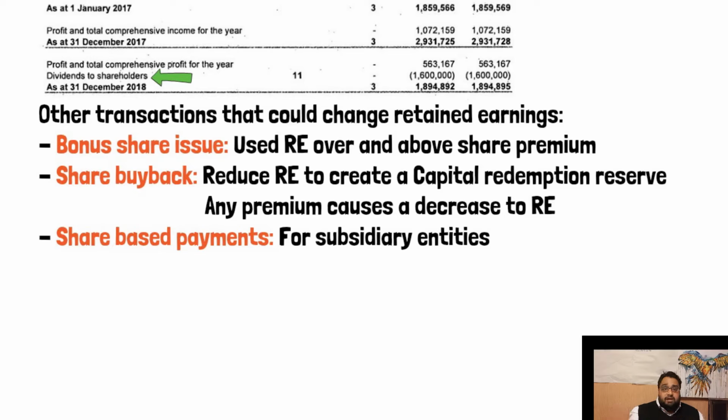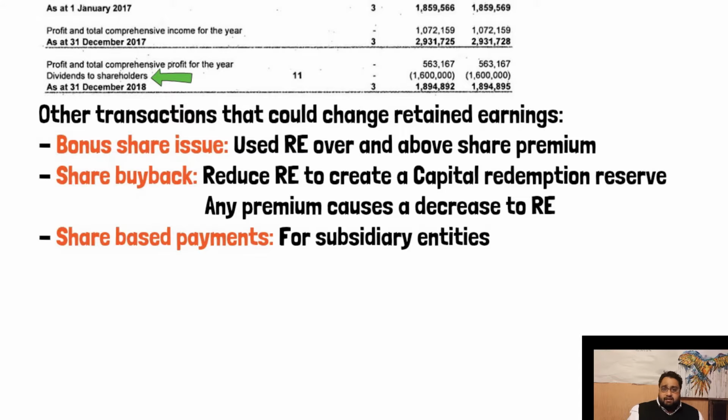In addition, if any premium is paid on the share buyback, then that premium element will go to retained earnings and not to the capital contribution reserve. And then you may see share-based payments as another example going through reserves, especially for subsidiary entities.